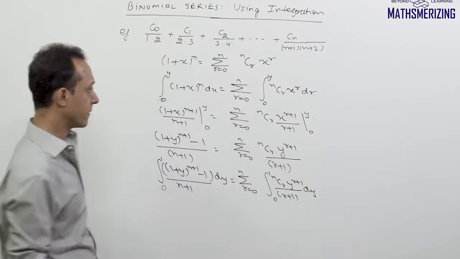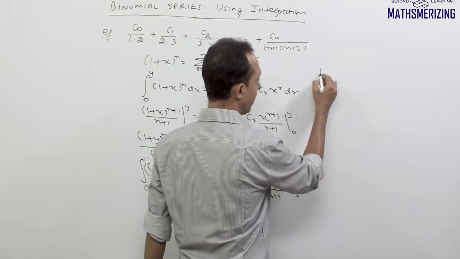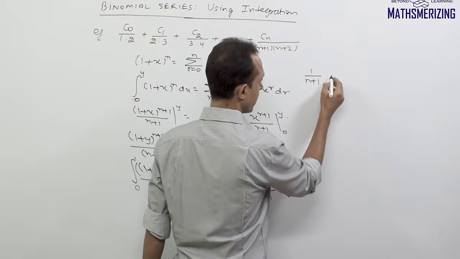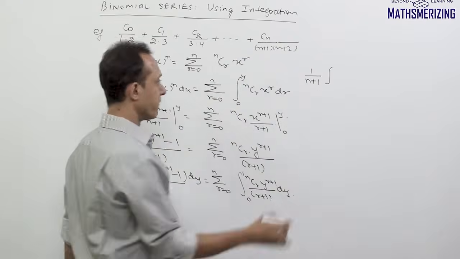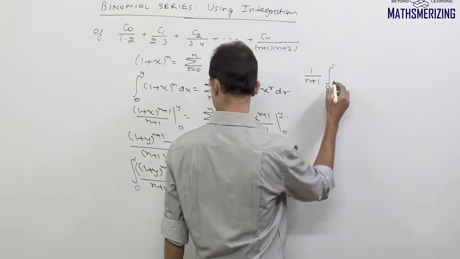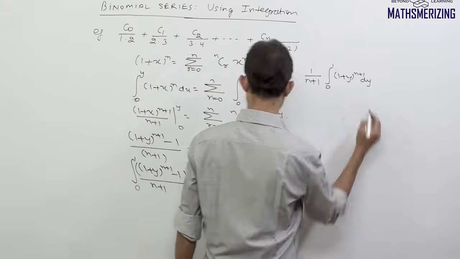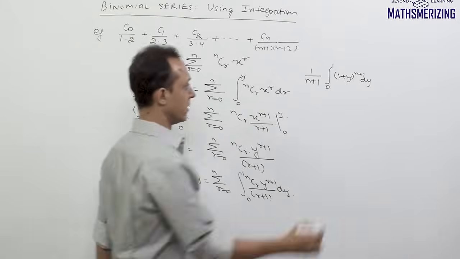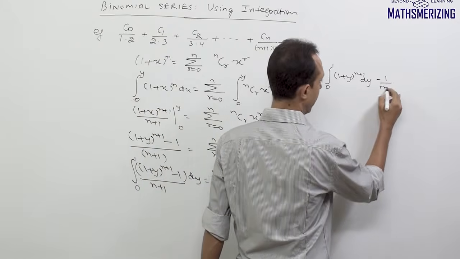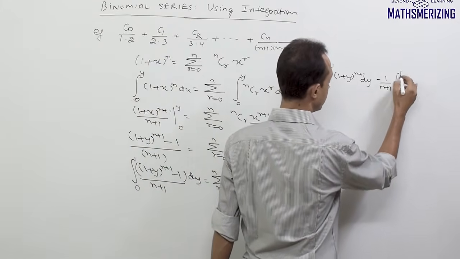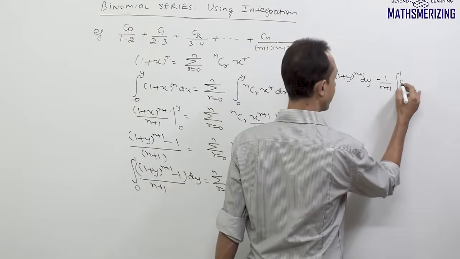So if I integrate it here, I'll take this 1 upon n plus 1 out, and then I'll have this integral, which is from 0 to 1, (1 plus y) to the power n plus 1 into dy, and then I'll also have this minus 1 upon n plus 1 integral of 0 to 1 into dy.